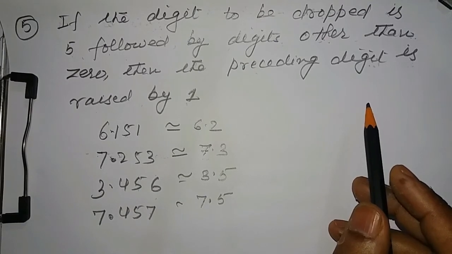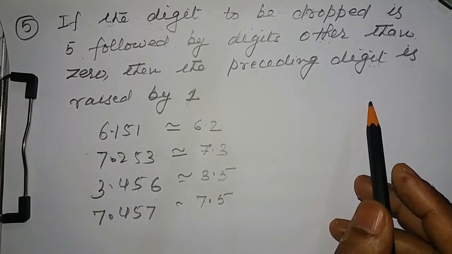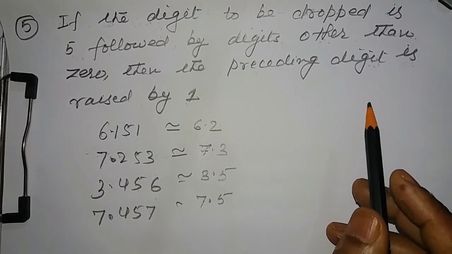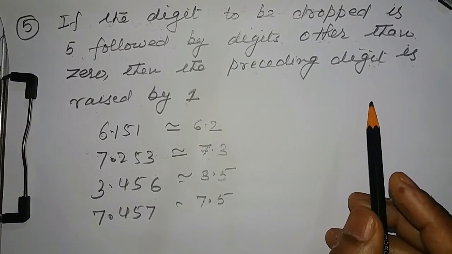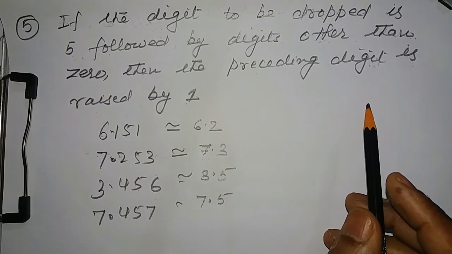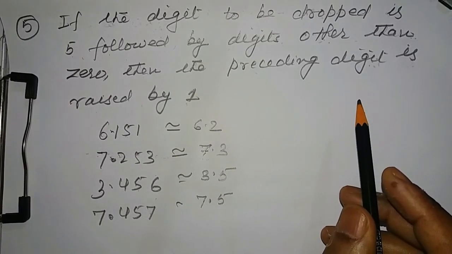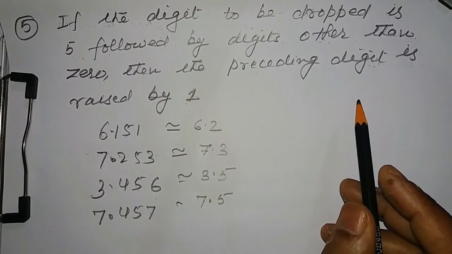If you are dropping 5 or 5 followed by 0 and the preceding digit is odd, then the preceding digit is increased by 1. Now if you are dropping 5 and 5 is followed by non-zero digits, then the preceding digit is increased by 1.